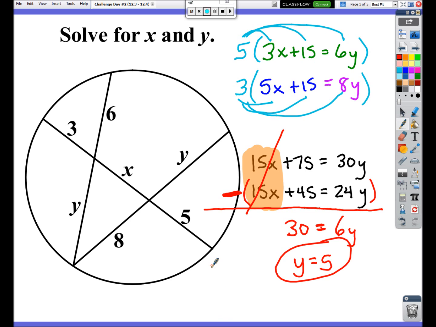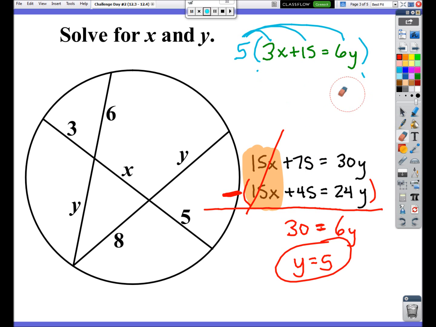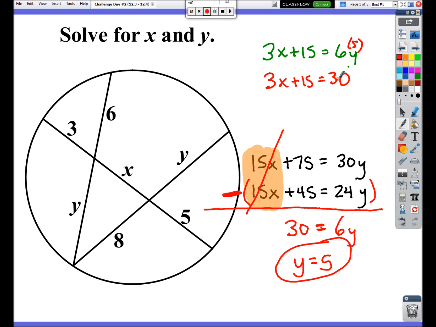Now, to figure out what x is, I get to plug y equals 5 into any equation I want to. And so I'm just going to come up here to this top equation that I originally had, and I'm going to plug 5 into the y, which means 3x plus 15 is equal to 6 times 5, 30.